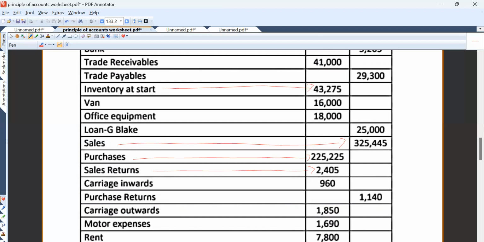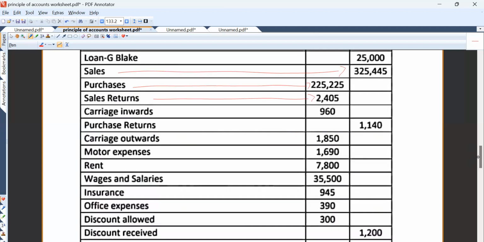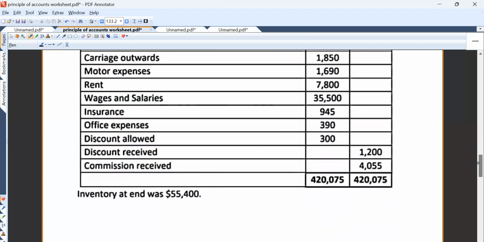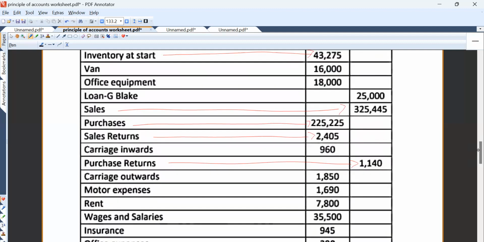Then after this, we will see the purchase return. Purchase return is subtracted. So we have purchase return as 1,140. Here we have carriage inwards. Carriage inwards is the transportation cost which is related to the inventory, bringing the good to the factory, bringing the good to the office.